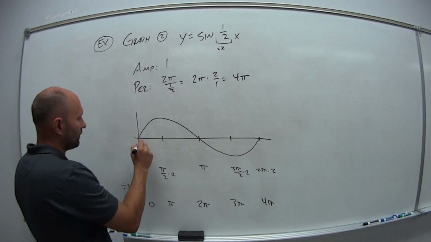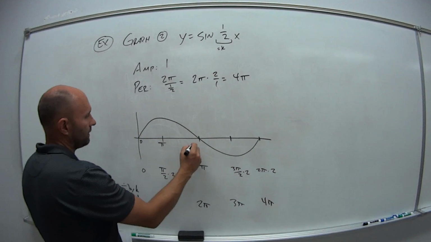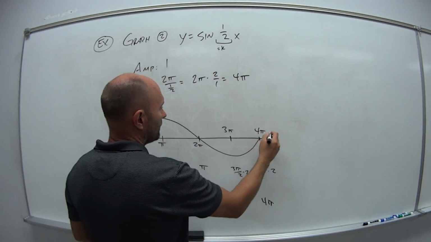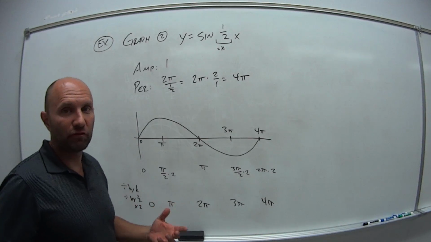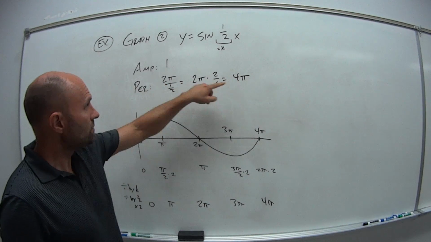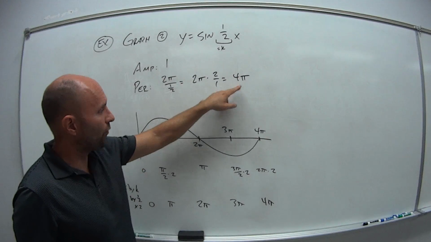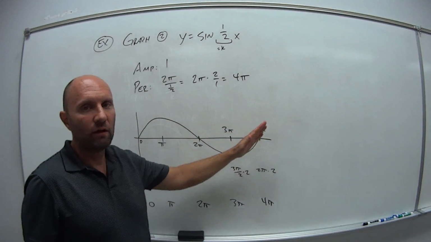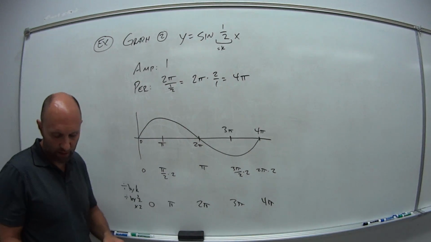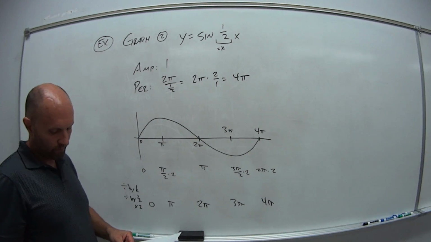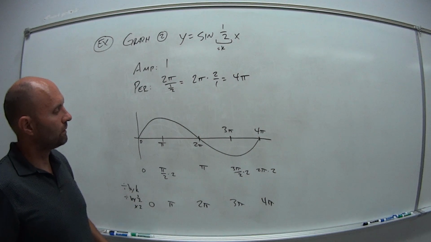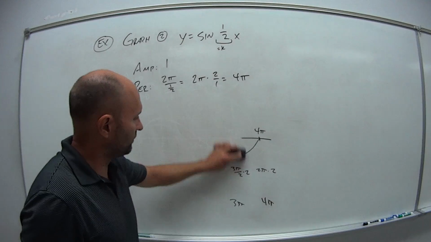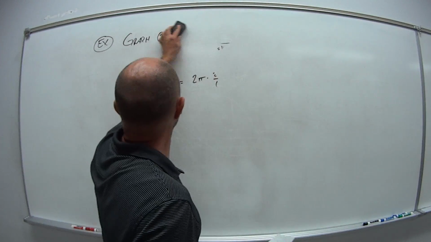So these values are now 0, pi, 2 pi, 3 pi, and 4 pi, which again, this is where we can check. It's telling me my period should be 4 pi. Well, it is. It took a distance of 4 pi for this sine curve to make one complete cycle. All right, now let's address the third change that we can have to this graph, which is phase shift.